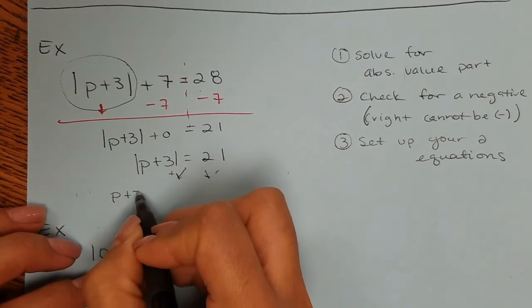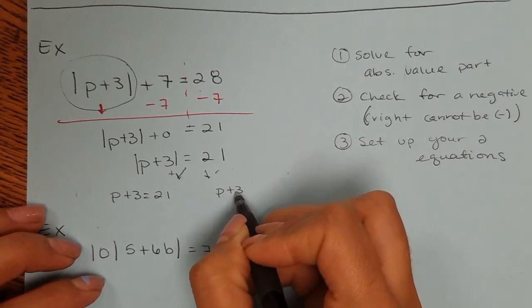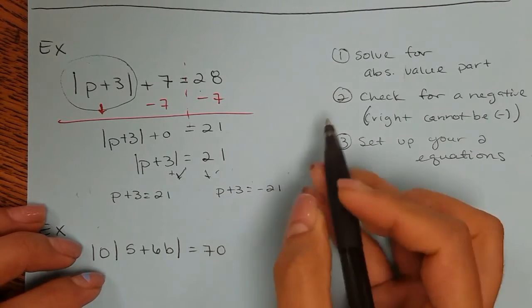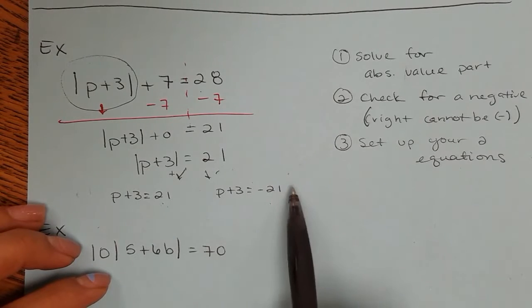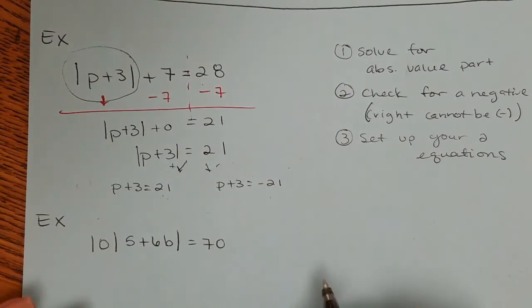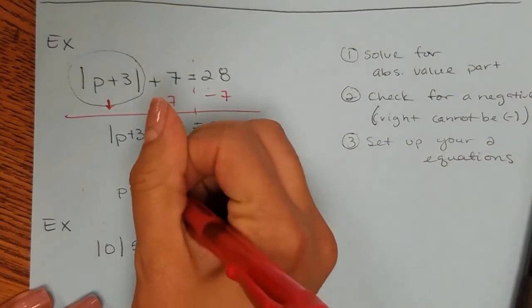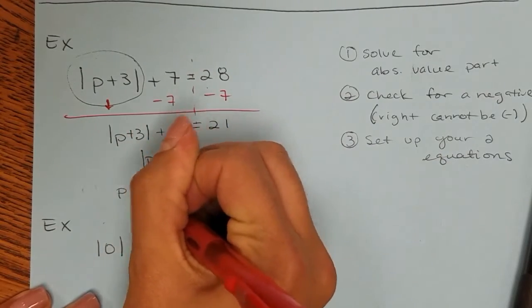So we have p plus 3 is equal to positive 21, and p plus 3 is equal to negative 21. And remember, the only side that changes is the constant on the right of the equal sign. You're not going to change what's inside here, just what's on the outside. And then you solve your two equations. Minus 3 on each side.